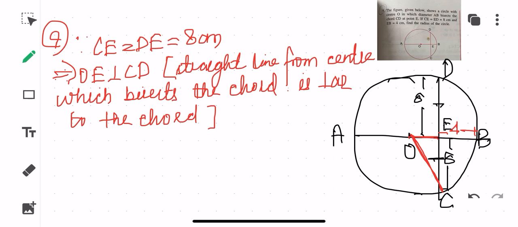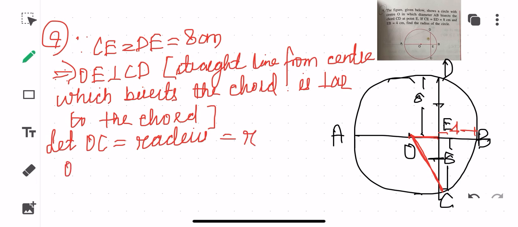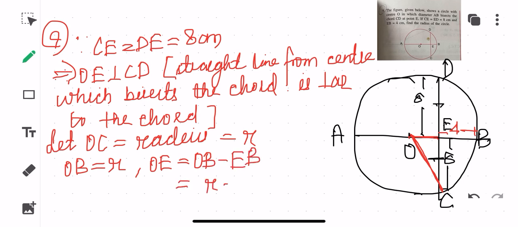Now let OC is equal to radius is equal to R. So if OC is equal to R, children, it is understood that even OB will also be equal to R. And then if OB is equal to R, how much is OE equal to? OE will be equal to OB minus EB. So OB you are taking as R and BE has been given as 4. So this is equal to R minus 4.